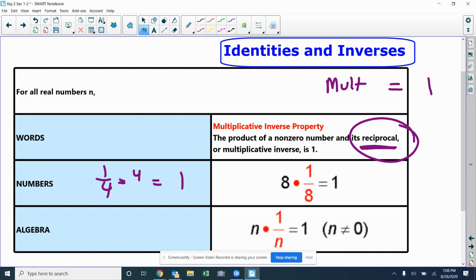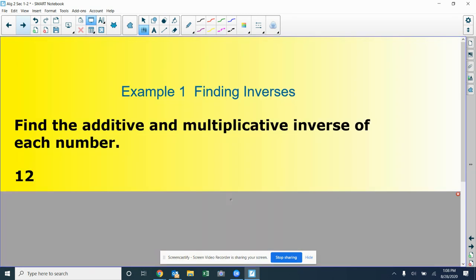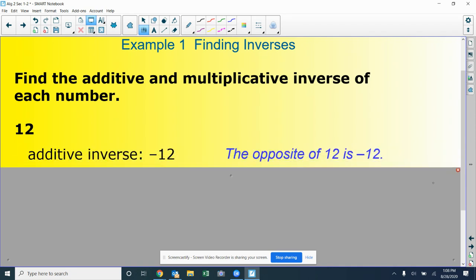Let's try a couple, you ready? Think about it for a second. Additive and multiplicative inverse. Okay, this is the inverse. What's the additive inverse of 12 going to be?